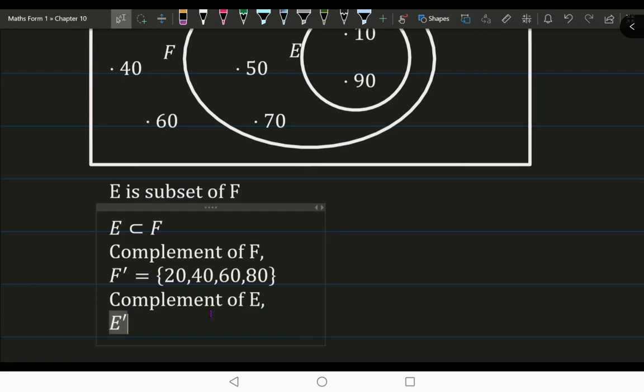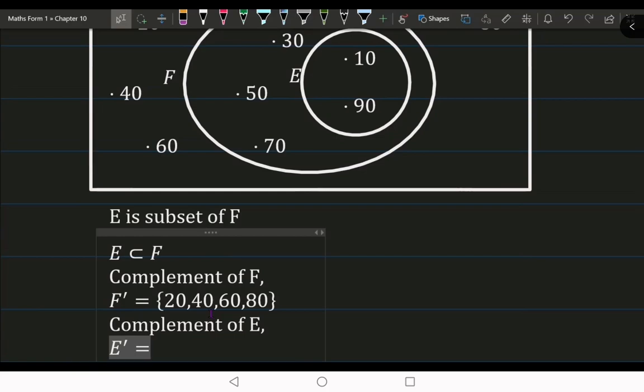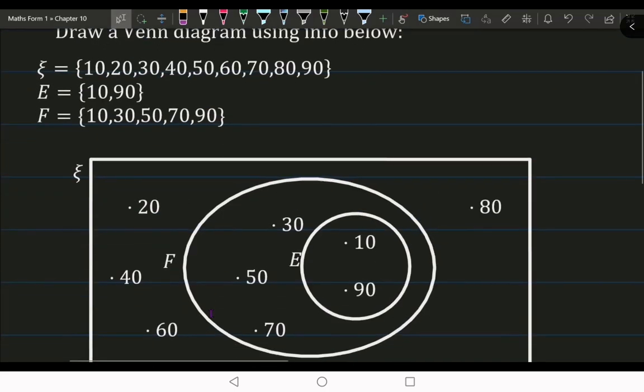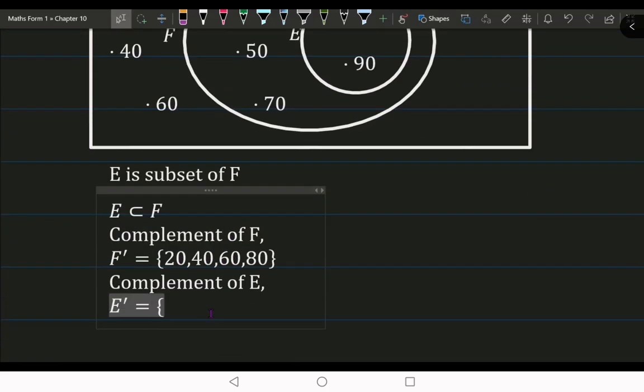E prime means the complement of set E. So it means we write down all the elements besides those inside set E, besides 10 and 90. That means we have 20, 30, 40, 50, 60, 70, 80.